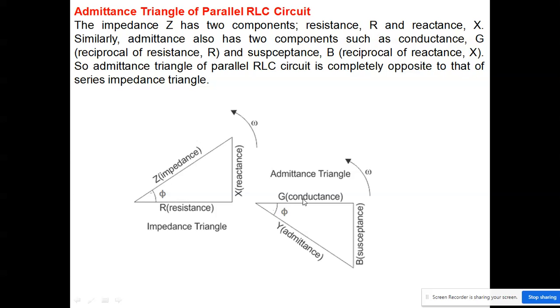But here, the reciprocal of resistance is the conductance, the reciprocal of reactance is the susceptance, and the reciprocal of Z is the admittance. So it is just like the triangle we already drew for impedance, voltage and power in our previous lecture.